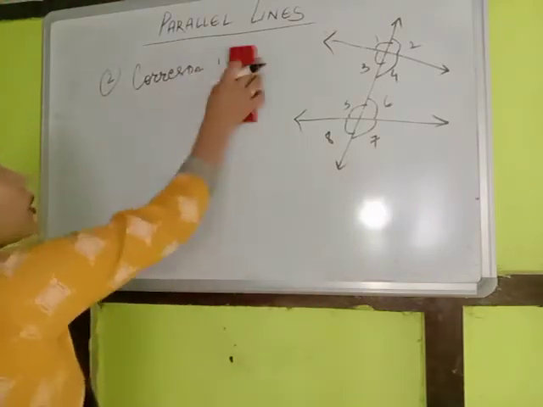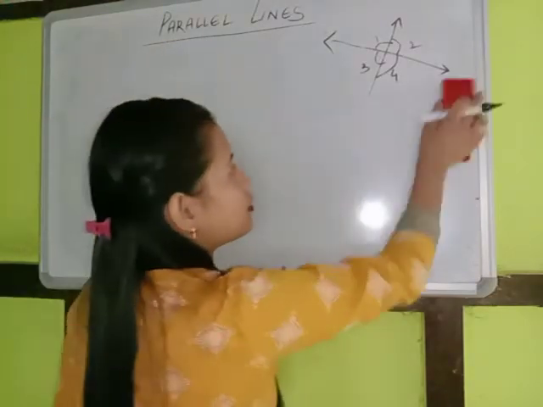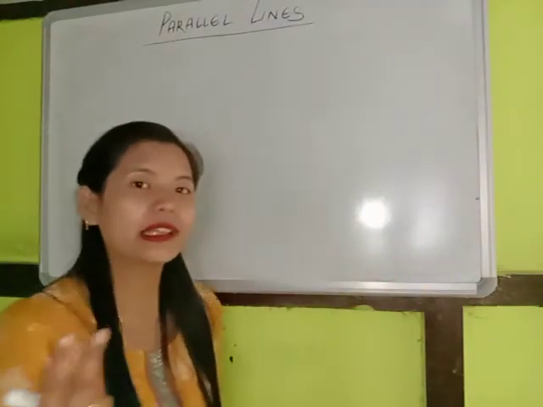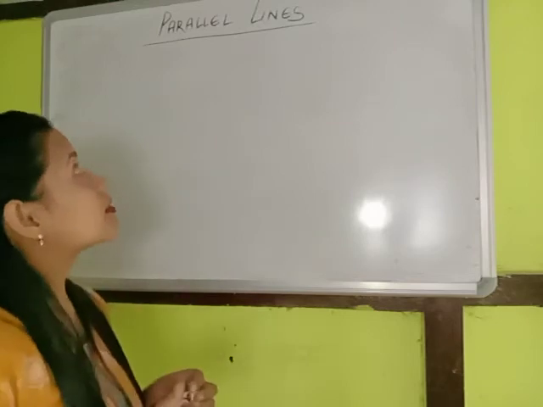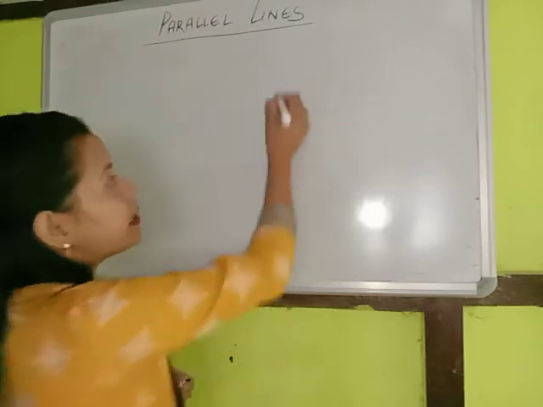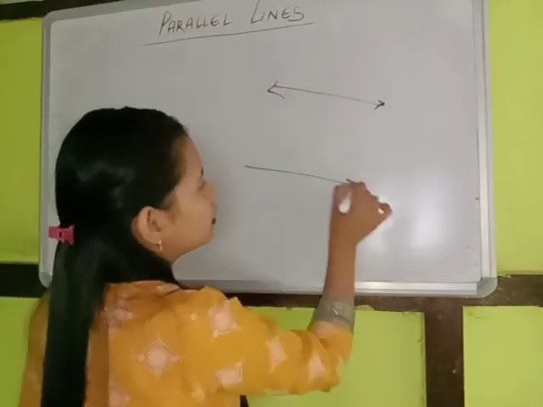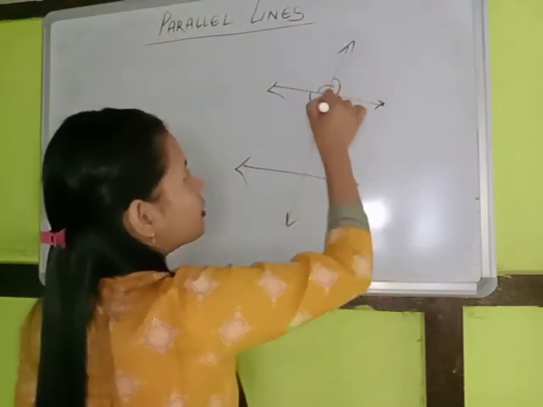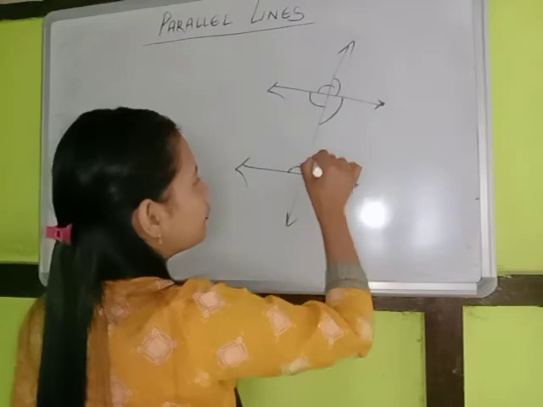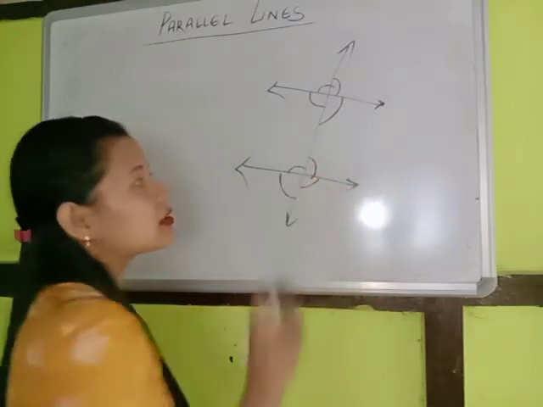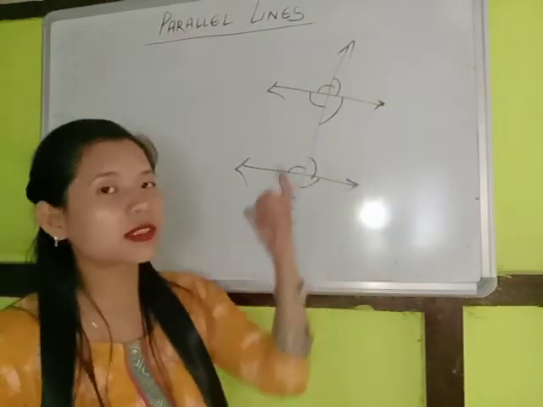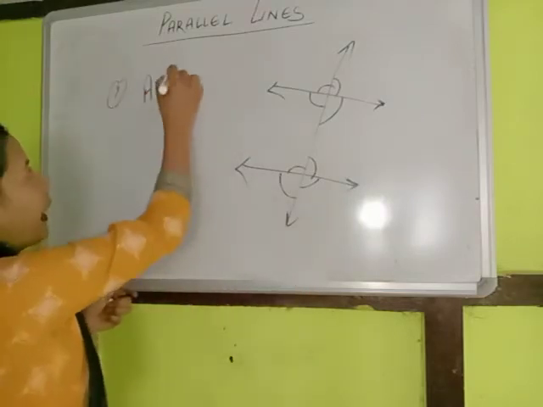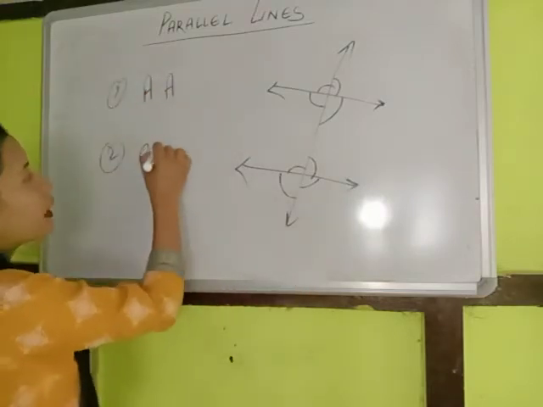We have discussed what a transversal is. Any line which crosses over 2 lines is named a transversal. Whenever 2 lines are crossed by a third line, a set of angles is formed, in fact 8 angles. These angles have certain names: alternate angles and corresponding angles.